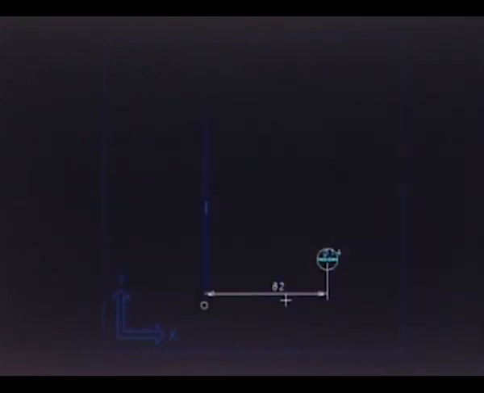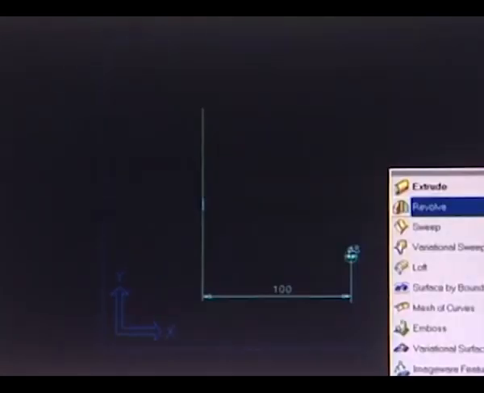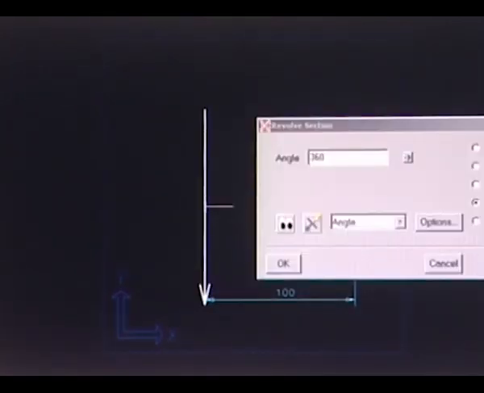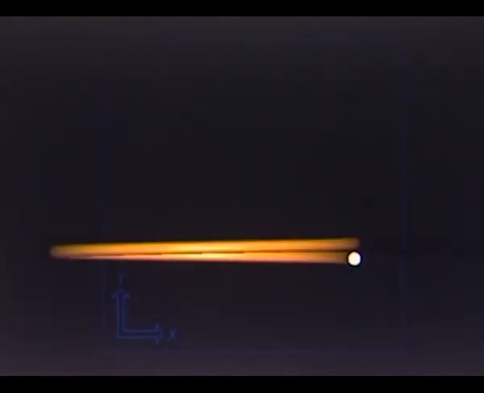Now we modify the major diameter of the spring. Next, we revolve the circle around the axis by 360 degrees. We also take care of the fact that we translate the circle vertically by 10 units when revolving it. We get one part of the spring.